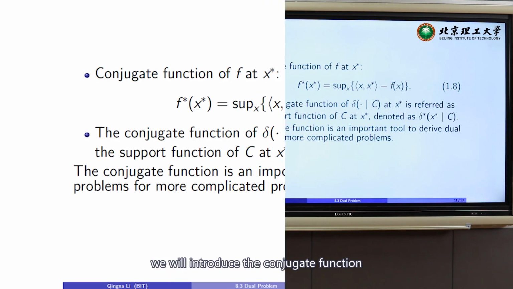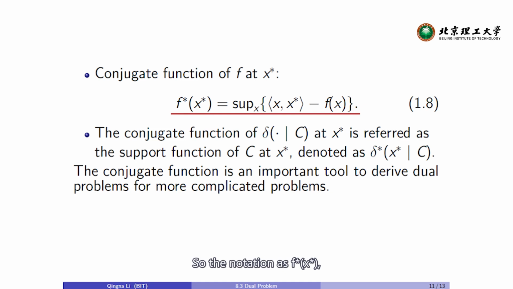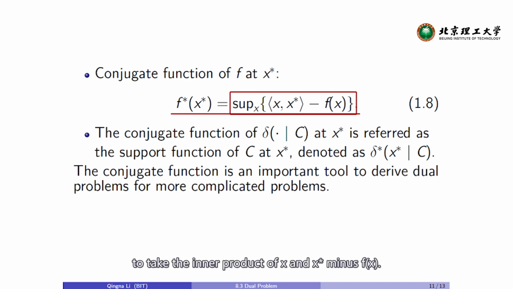Next, we will introduce the conjugate function of function f at a point x star. The conjugate function at x star is defined as follows, with the notation f star at x star. The function value is the supremum of the following formula: the inner product of x and x star minus f of x. For this function, we take the supremum over all x.